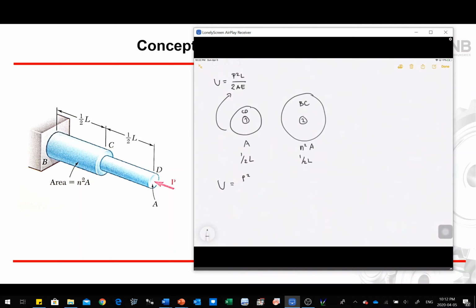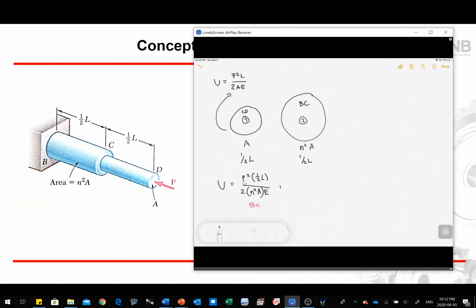Again, we are applying force P, so we use the same P. So P squared, and our length is 1/2 L, divided by 2AE, so that's 2, area is n squared A, and E is the modulus of elasticity of that cross section. So this is for section BC.